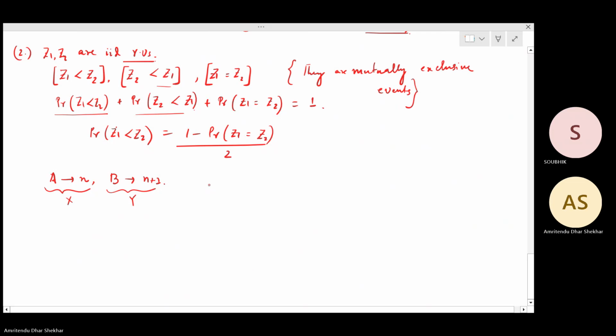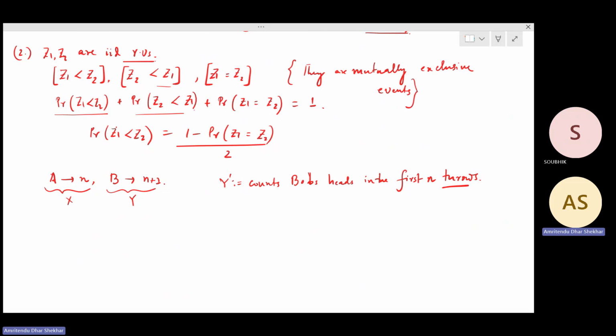So let's declare one more random variable. Let's call it y prime. So y prime counts Bob's heads in the first n throws. Bob throws for n plus 1 times, so there's a random variable y prime that I define, which is basically Bob's count in the first n throws.